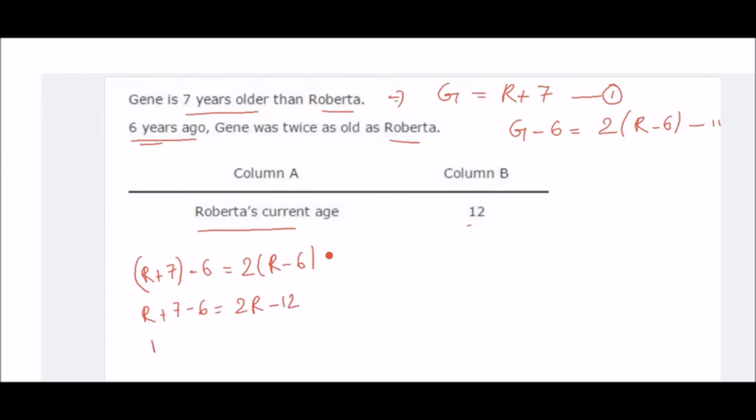R plus 1 equals 2R minus 12. So 2R minus R is equal to 12 plus 1, and that will be 13. R equals 13 years. So Roberta's current age is 13. So column A is greater than column B, and our answer will be option A.